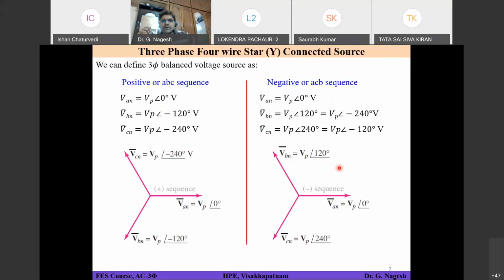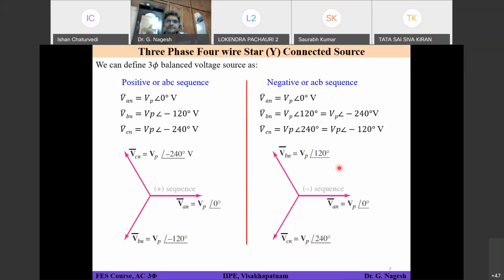So this is the basic idea I want to give you. Practically, how is it going to come? These two phase sequences are coming from your generator, and if your rotor is rotating clockwise, you get positive sequence. If you are not making any changes in your generator, and you rotate your rotor in the anti-clockwise direction, with no connections changed, then you will get this negative sequence.